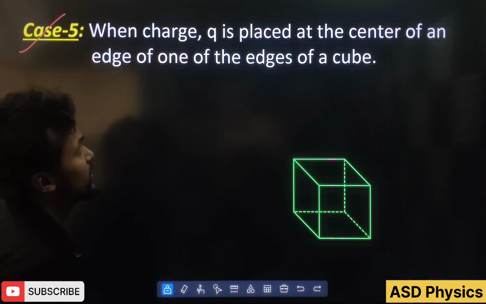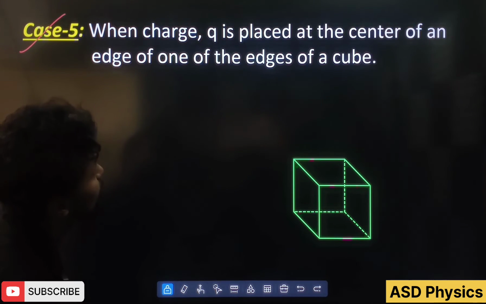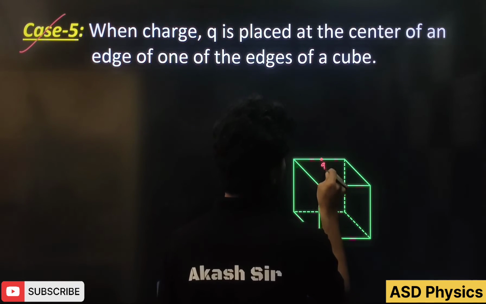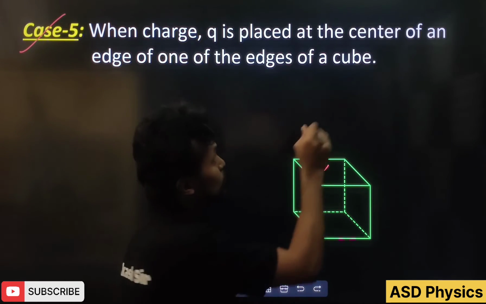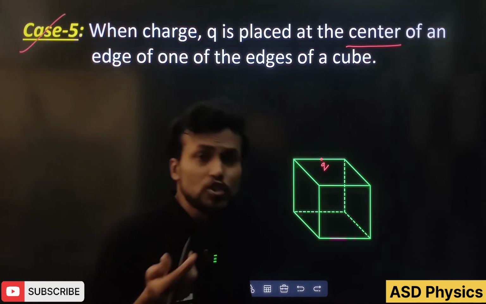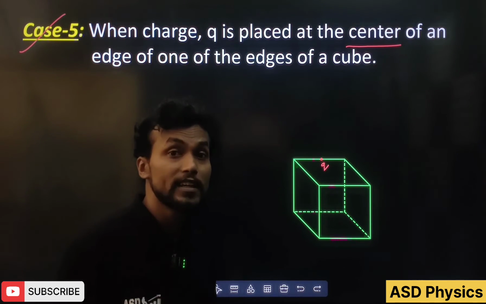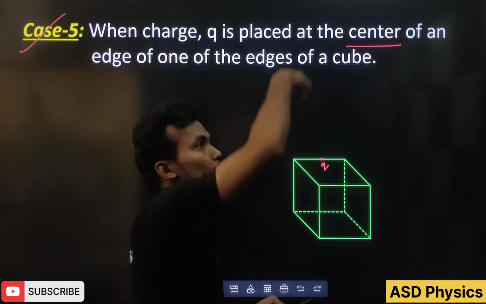Case 5. When charge Q is placed at the center of one of the edges of a cube. Let's take for example here. Here we have put, this is we have put here. So students, when you think about it, we have put it at the center of the edge. So what will happen? If you imagine how many cubes we can draw here, we can draw 1 cube here, 1 cube is backside, then after that, 2 cubes above that.